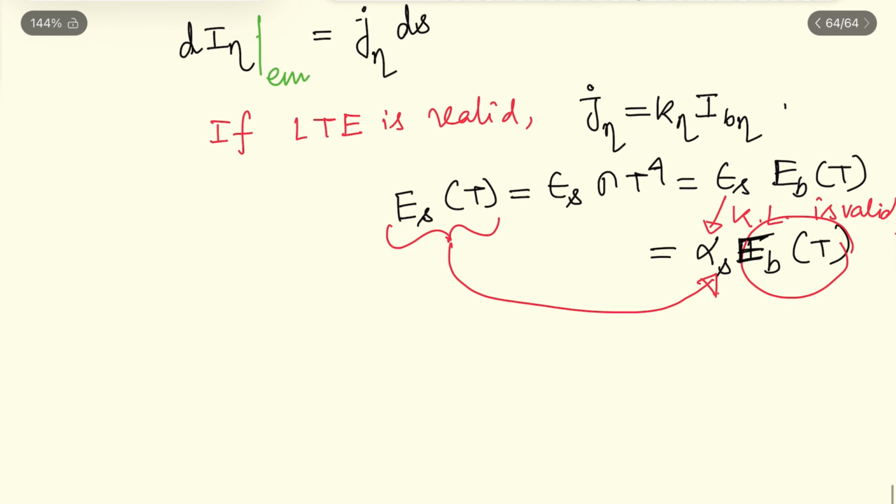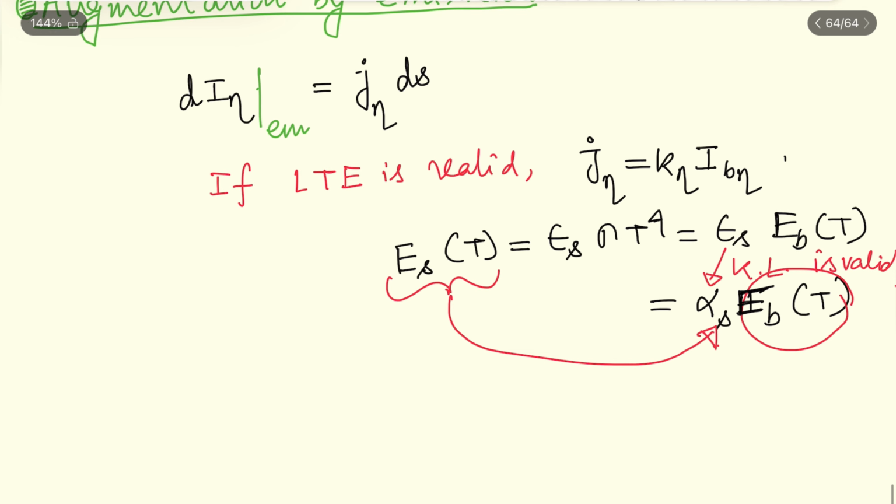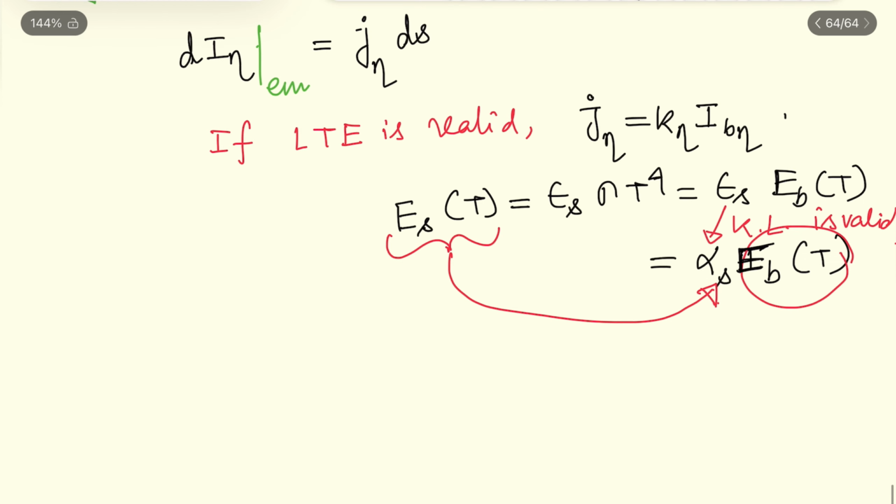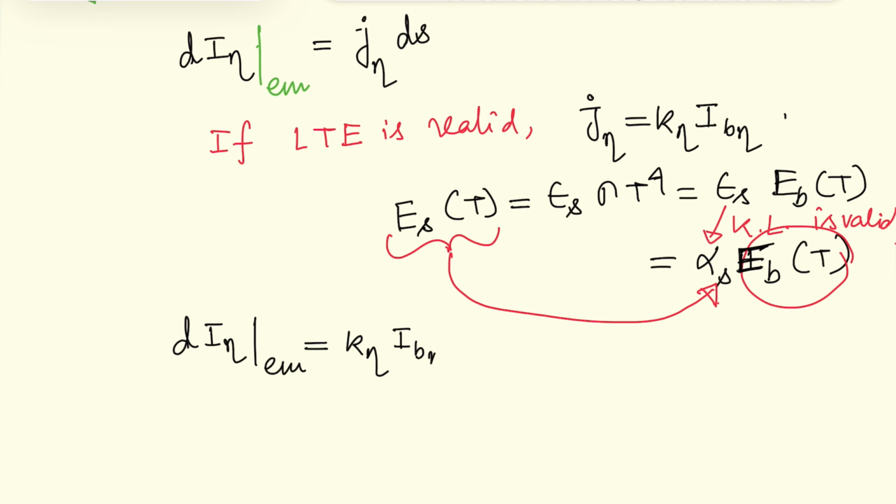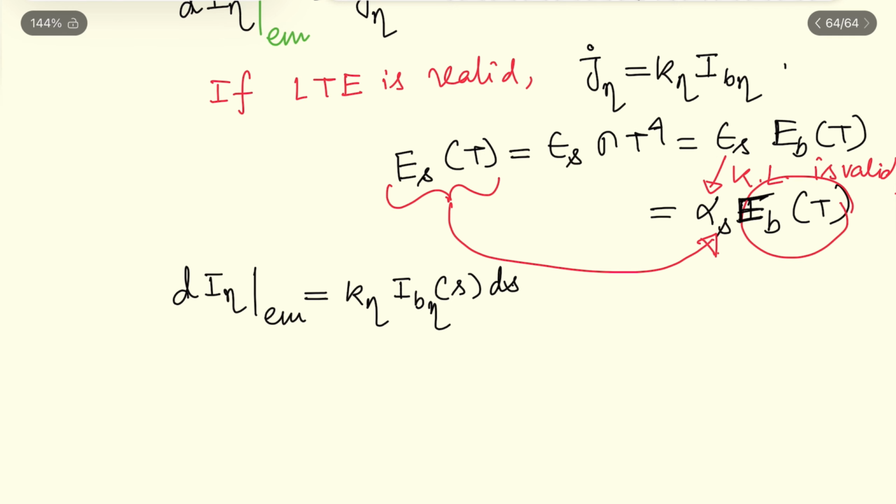Likewise, if I put this j_eta, I will get dI_eta emission equal to k_eta into I_B_eta, but that will be a function of s because the temperature can vary, into ds.